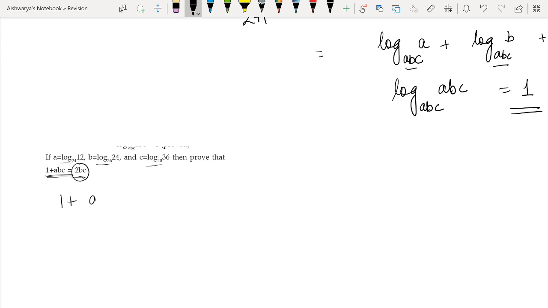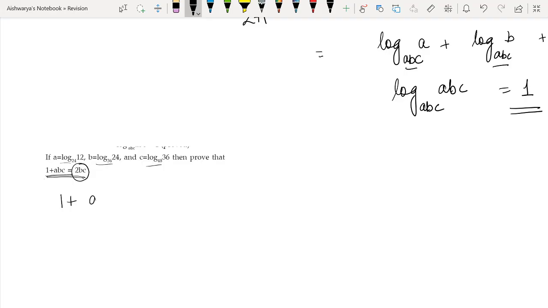You eliminate these two things and you write only these two things. The base 36 and the 12 alone you write into log 36 base 48. Again you eliminate these two things, you write 12 base 48. 1 plus there, don't forget that. So in the next step you write it as 1 plus 28. Okay, so this is what we have done.